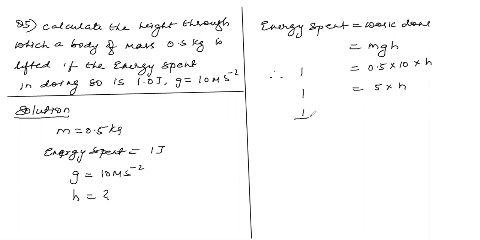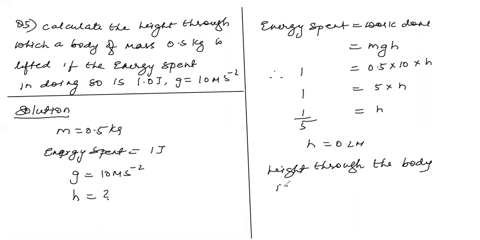So 1 upon 5 is equal to h. So h is equal to 0.2 meter. So the height through which the body is lifted equals 0.2 meter. A very simple sum, children.